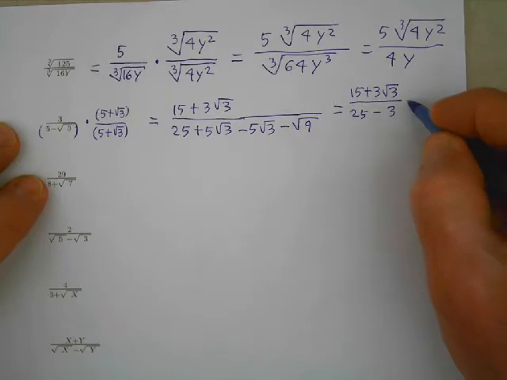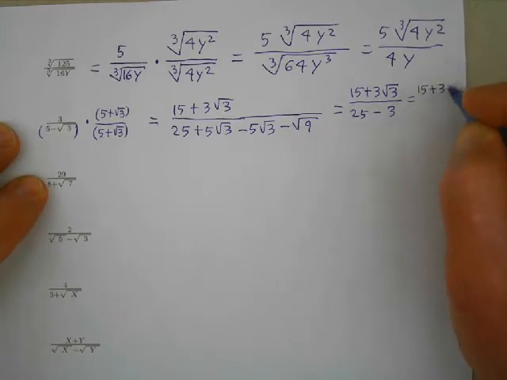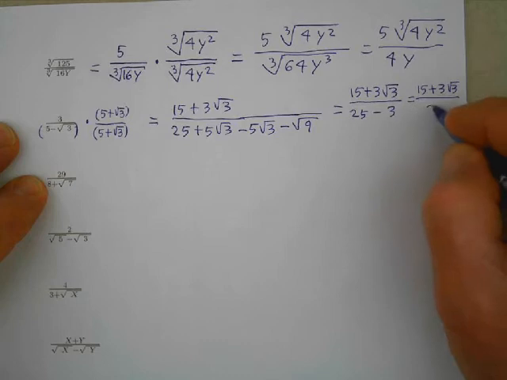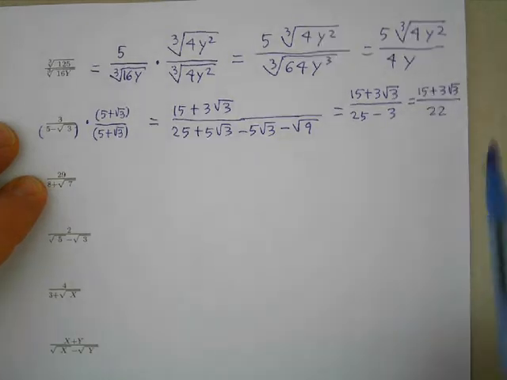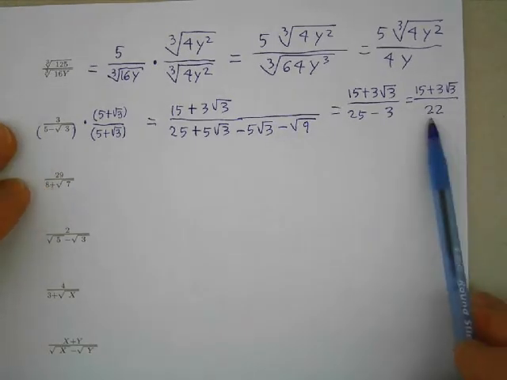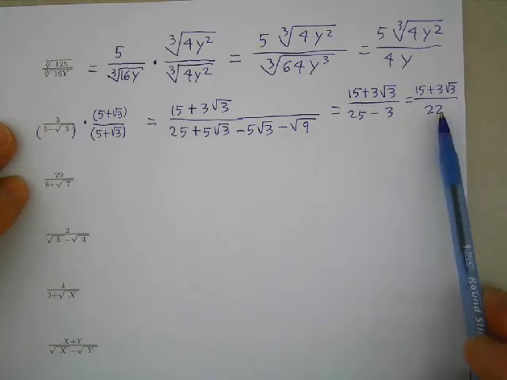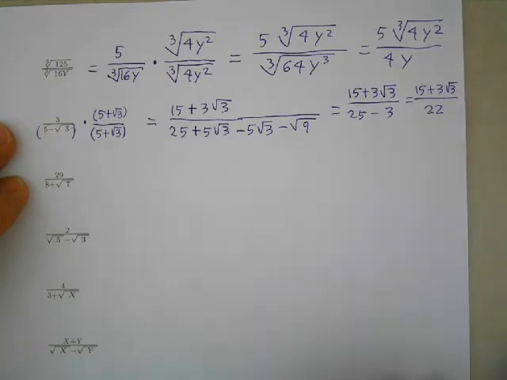And then finally, we can write 15 plus 3 times the square root of 3 in the numerator, and 25 minus 3 is 22 in the denominator. So we succeeded in making the denominator a rational number. There is no longer a square root in the denominator.